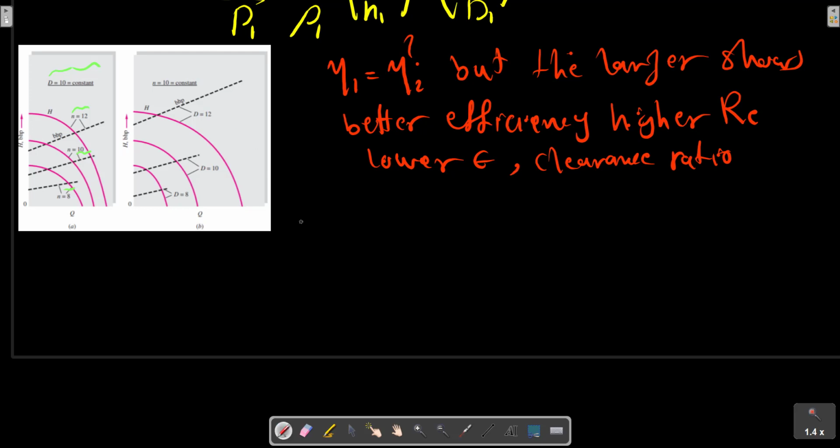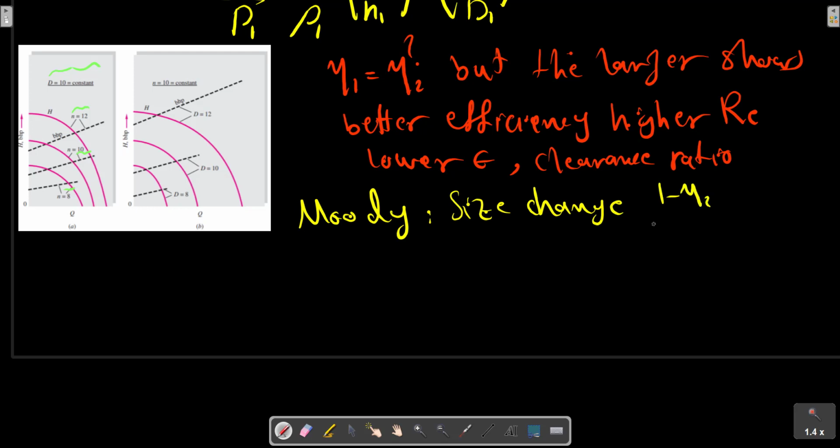The Moody relation, which is size change, and flow rate change.